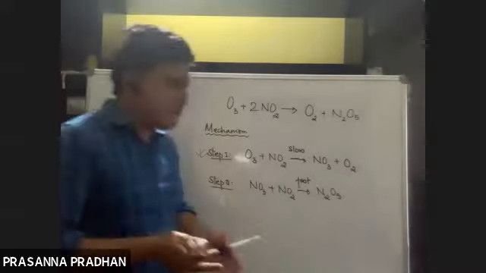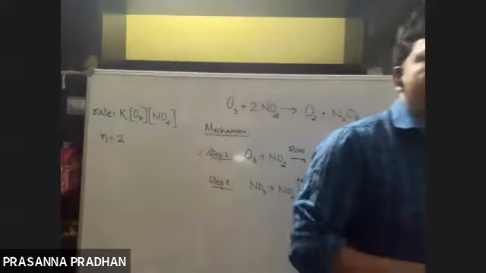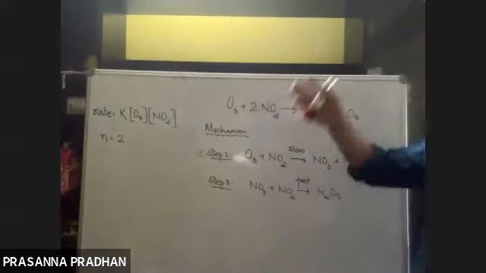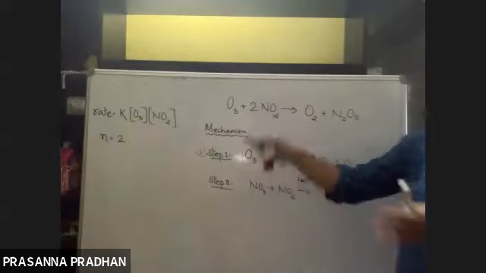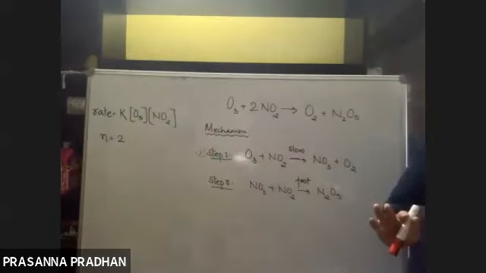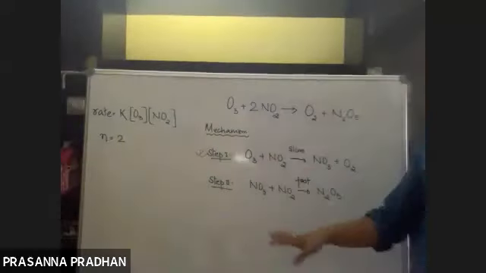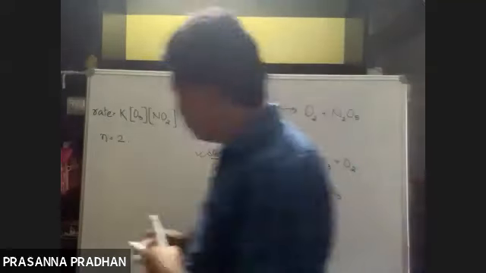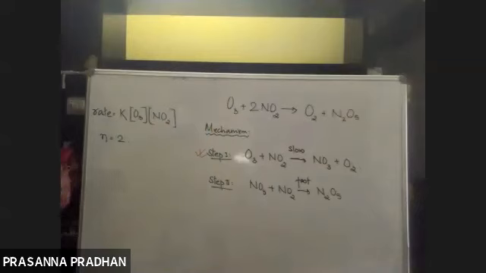So for a complex reaction, we cannot determine the molecularity because in the steps involved, each step will have its own molecularity. Step 1 may have molecularity 2, step 2, 3. Okay, so since each step has its own molecularity, the molecularity of the overall reaction is meaningless.